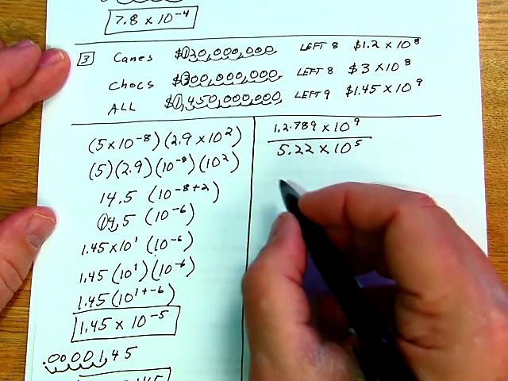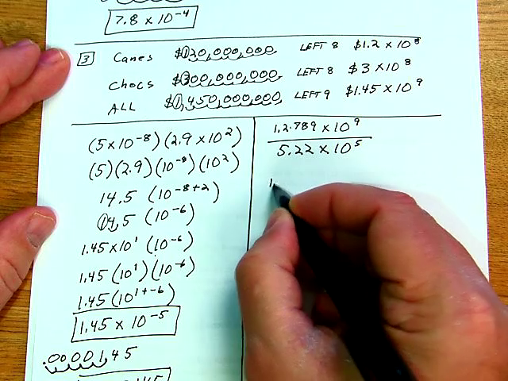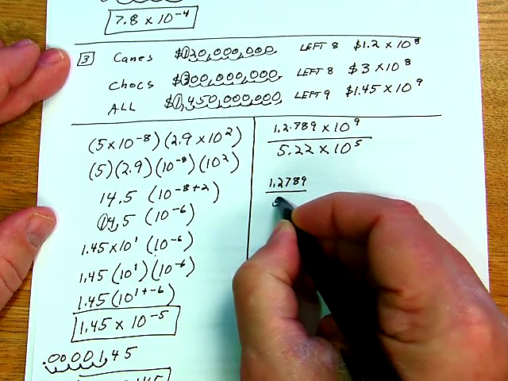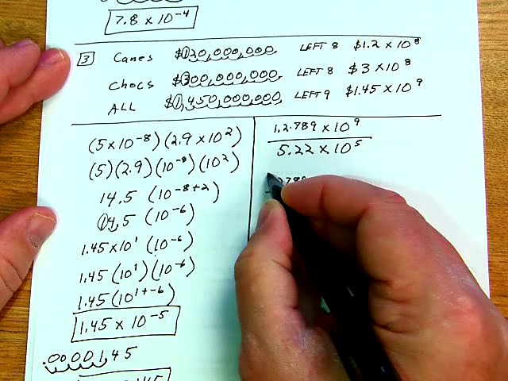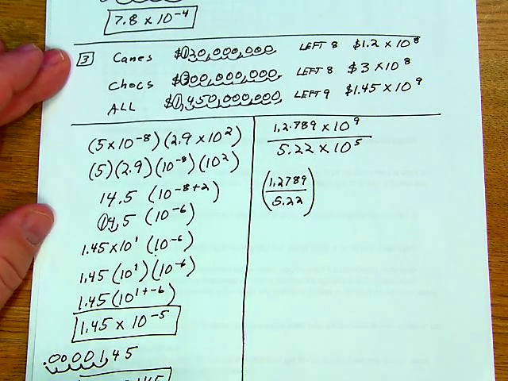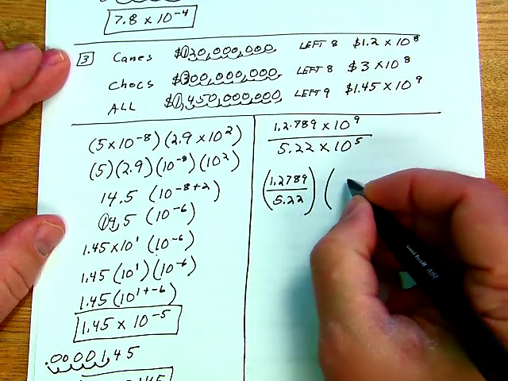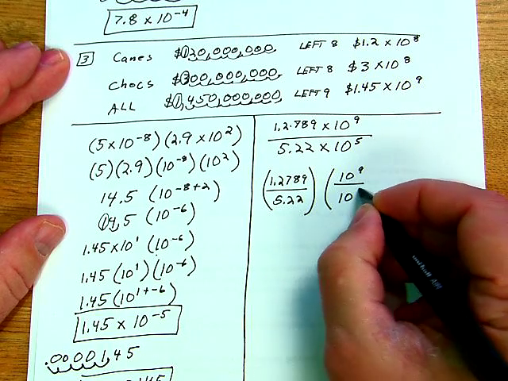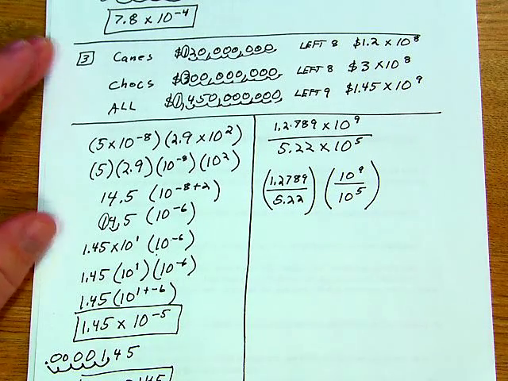We're going to take the two factors, 1.2789 divided by 5.22, and work with them by themselves. Then we're going to multiply that times the two powers, base 10 powers, and we can start to see what's going to happen.